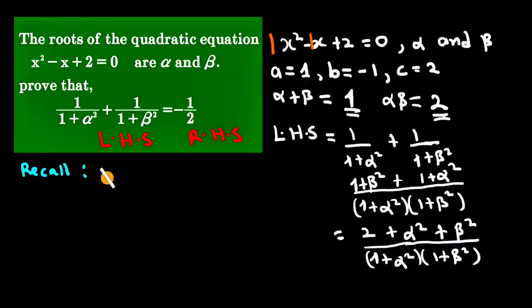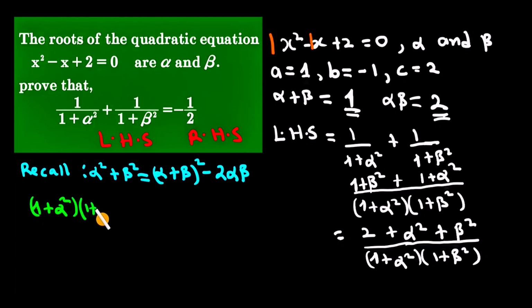Recall that the expression alpha squared plus beta squared can be written as alpha plus beta, all that squared, minus 2 alpha beta. Now let me multiply this expression out. That is 1 plus alpha squared times 1 plus beta squared is equal to 1 times 1 plus beta squared plus alpha squared times 1 plus beta squared.